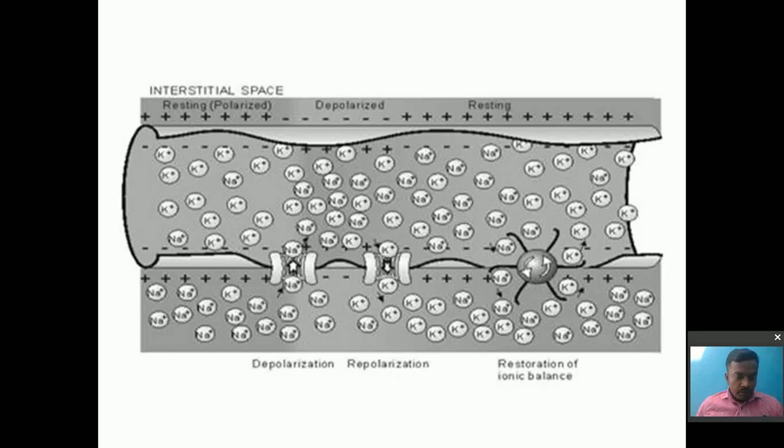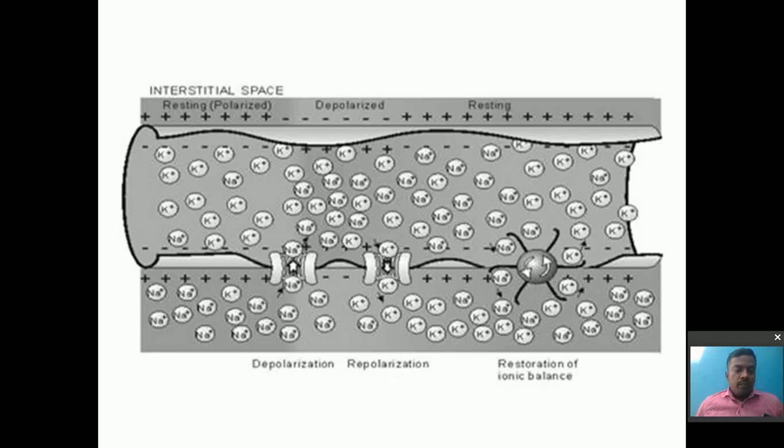Outside the cell we have the sodium ion. At some condition, the sodium ion cannot enter into the cell. That condition is the resting potential. That is a negative voltage, a polarized condition. A resting potential is a polarized condition.